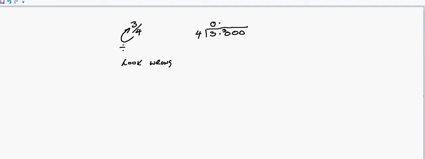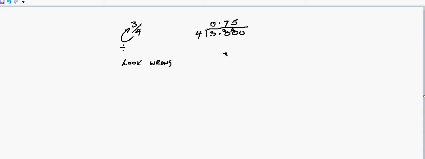Now 4's into 30 is 7, because 4 7's are 28, leaving me a remainder of 2. So now I've got 20, and 4's into 20 goes exactly 5 times.